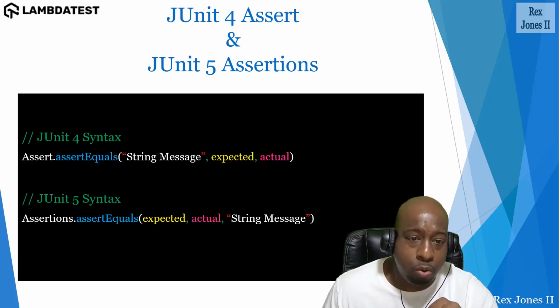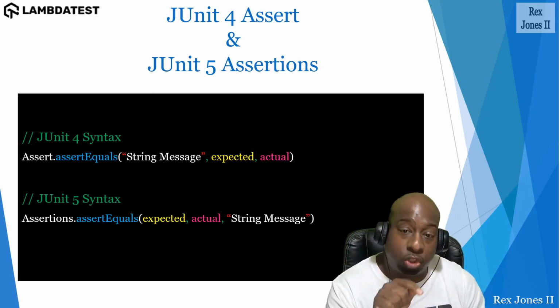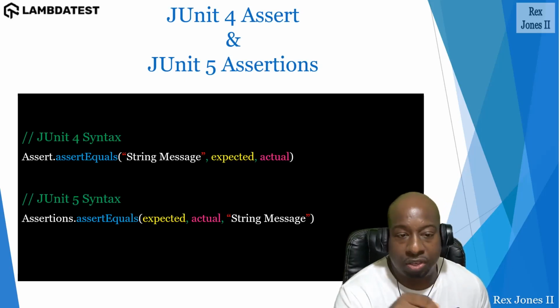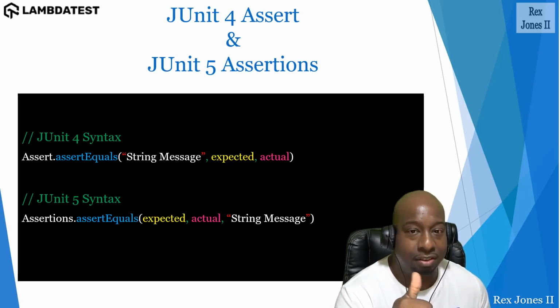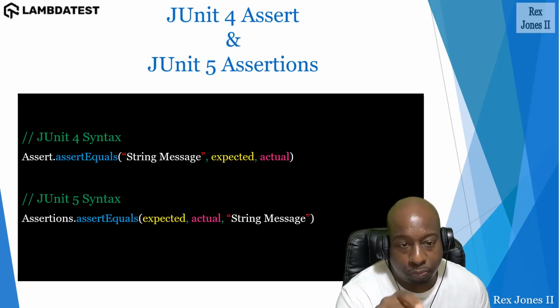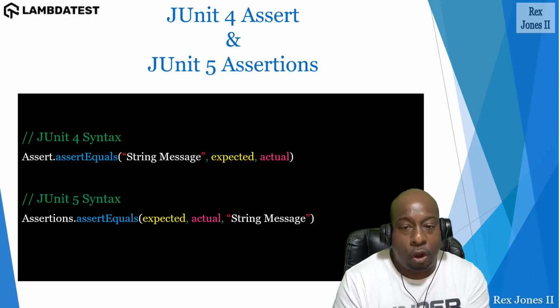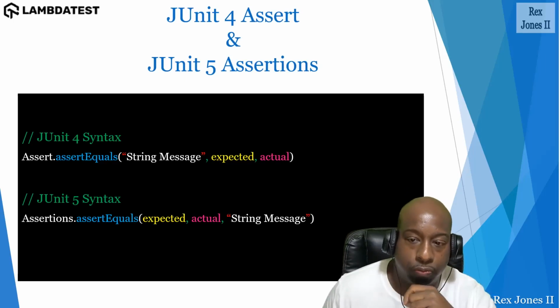For this assertEquals method, JUnit 4 has assertEquals followed by the string message, expected result, then actual result. JUnit 5 has the Assertions class assertEquals. The method has the same type of behavior, which verifies if the expected and actual results are equal.